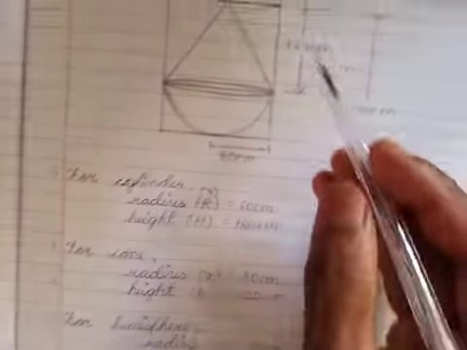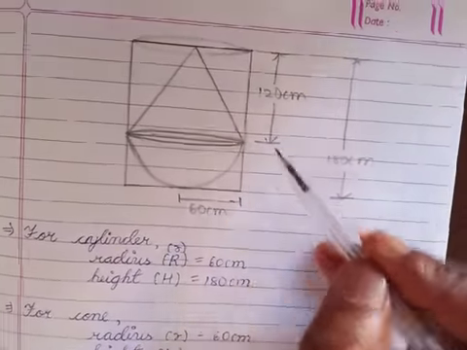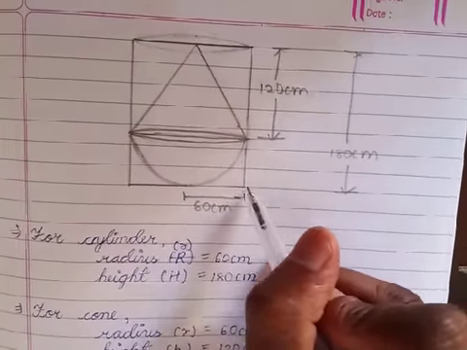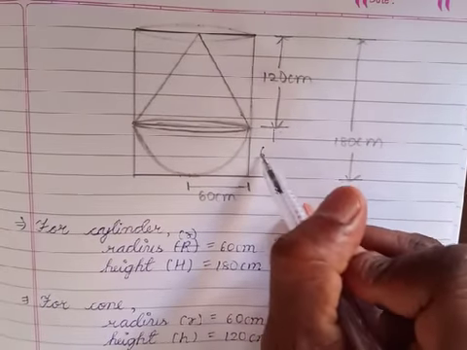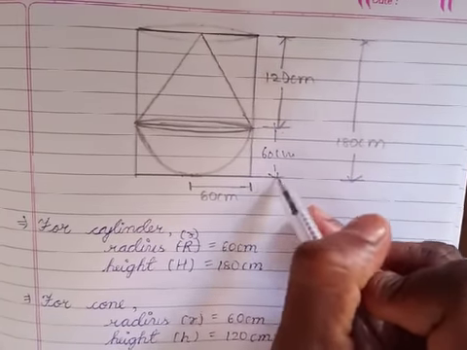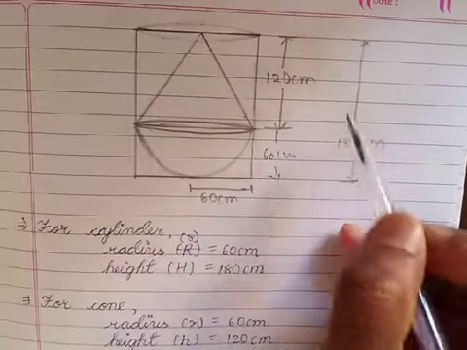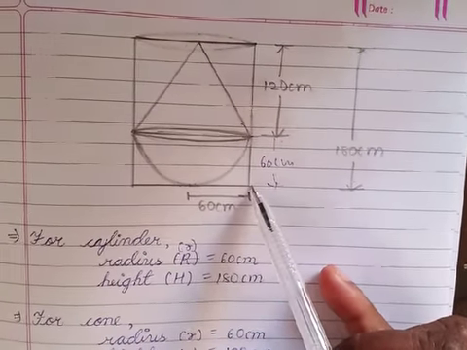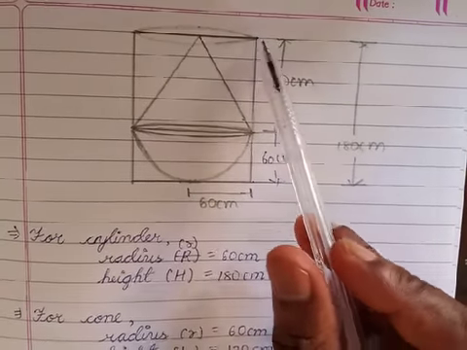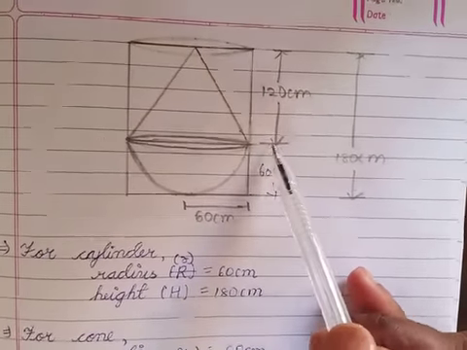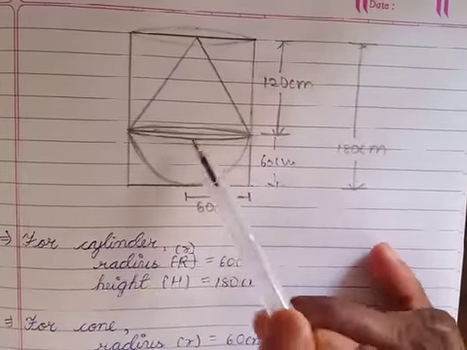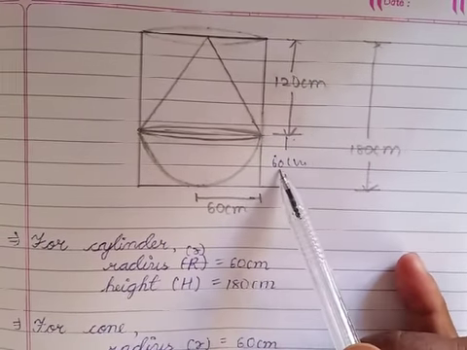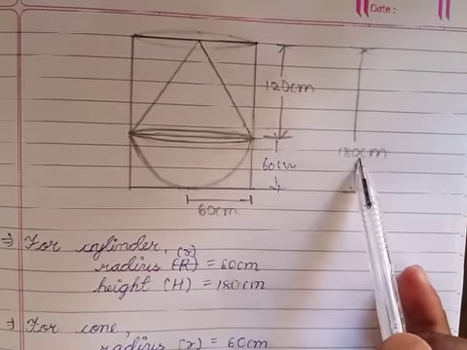The height of the cone is 120 and the height of the spherical part is 60 cm. If you add it, you will get 180. Sometimes in the exam the height of the cylinder may not be given. Then you can find it: the height of the cone plus the depth of the hemisphere, which is 60, so you will get 180.